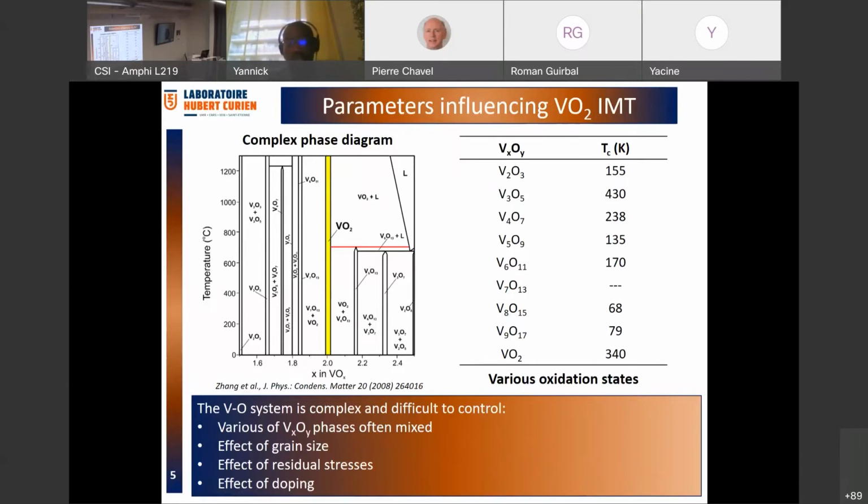Then we can also have the effect of the grain size, the effect of residual stresses, and the effect of doping. All this will influence the electronic and optical properties of the material that we are going to make. The idea is to focus on the effect of doping.